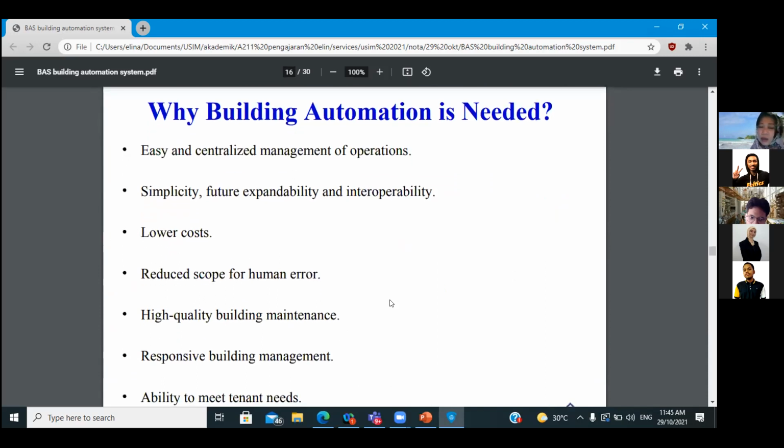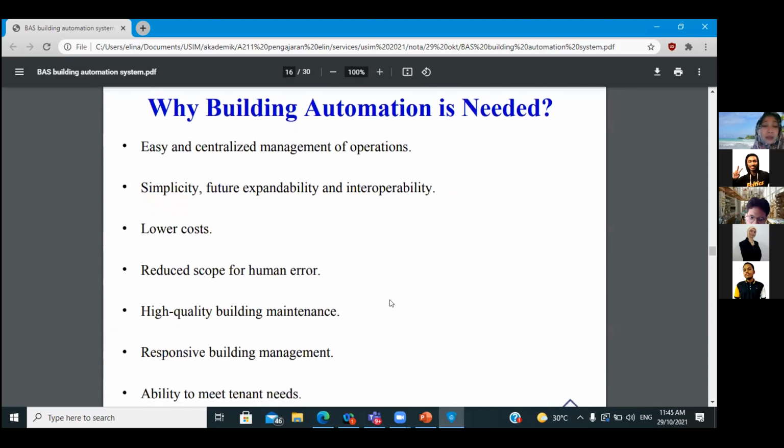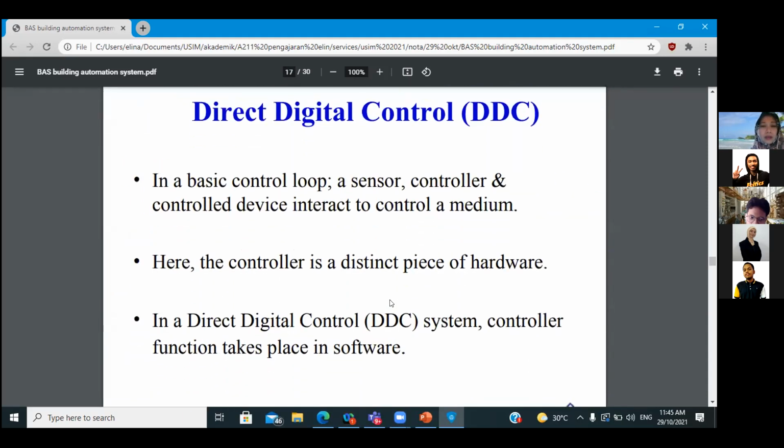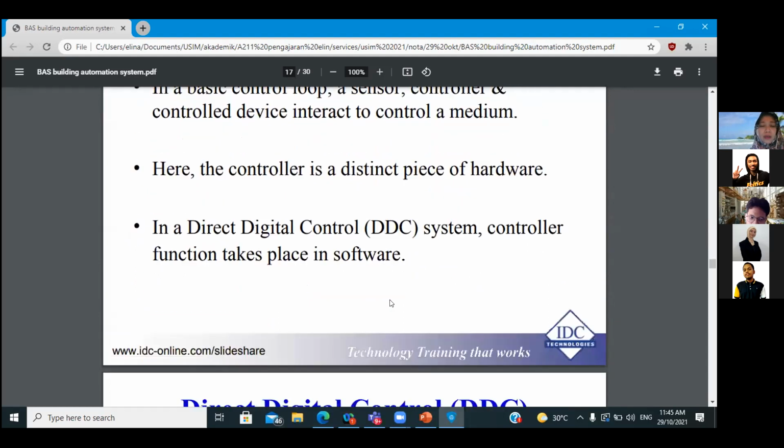Okay, you have to read why building automation is needed. So: simplicity, reduced scope, high quality building maintenance. You need to understand some of the DDC, the direct digital controller function.